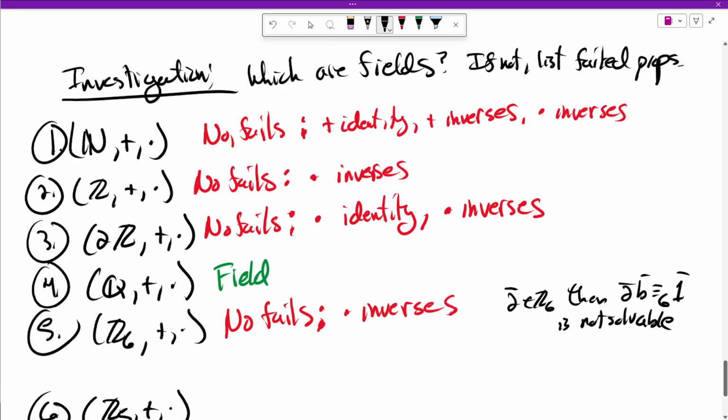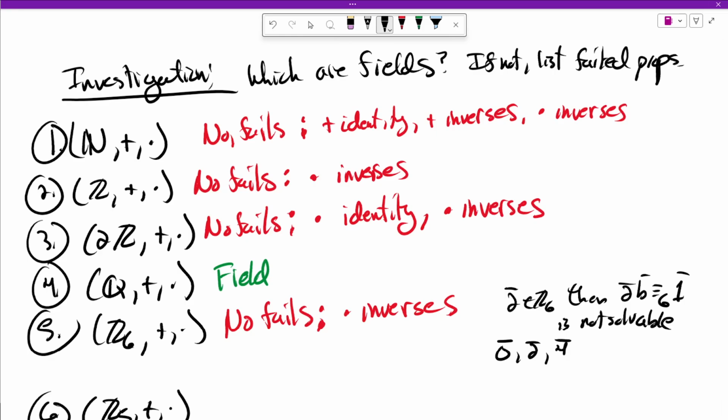Because you can work out all the multiples of 2. There's 0, there's 2, there's 4, and that's it. You'll never multiply something with 2 and get something that's not 0, 2, or 4 mod 6. And so you'll never get 1, so it's not a field.